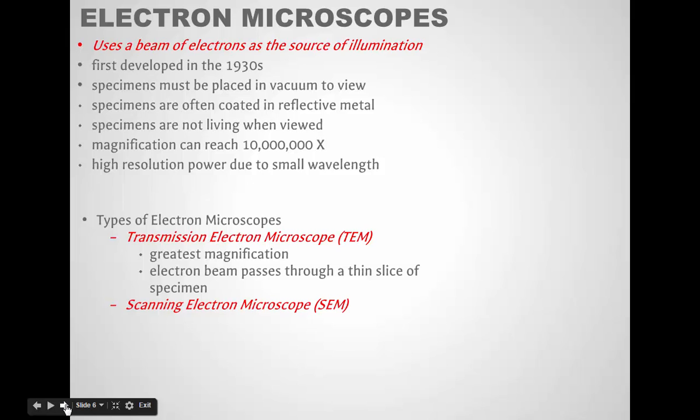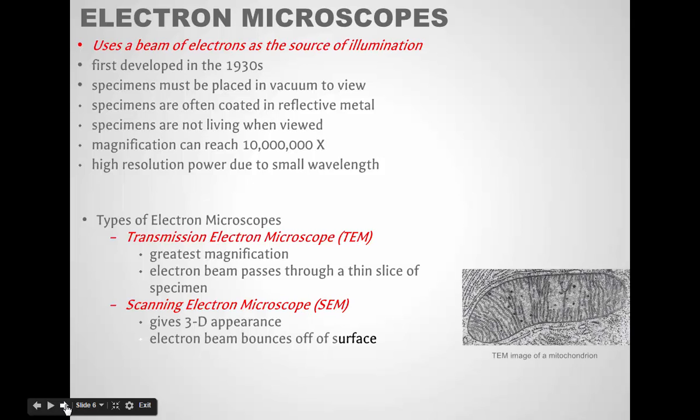The other type of electron microscope is the scanning electron microscope. It works more like a dissecting microscope, where it sends a beam of electrons at the surface of your sample. They bounce off. Again, this is why it has to be coated in a reflective material. Those electrons that bounce off are used to create a three-dimensional view.